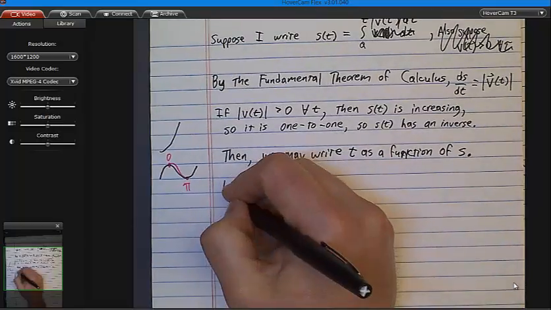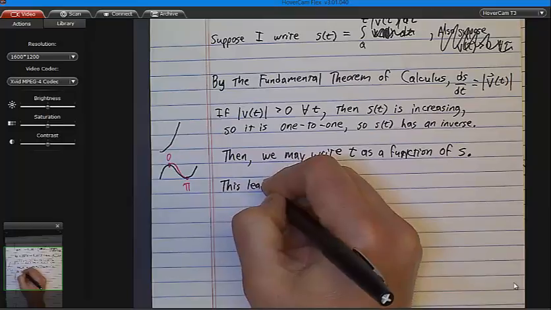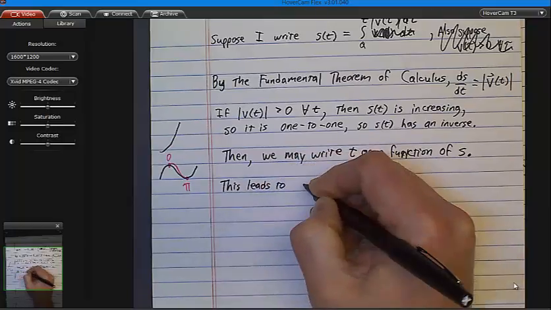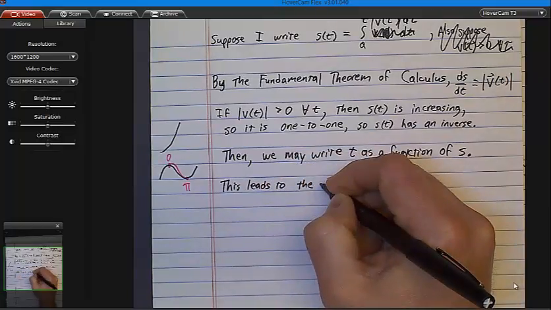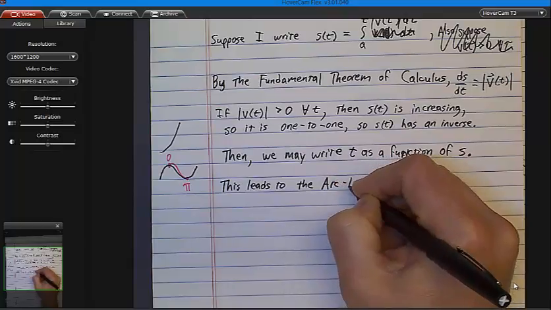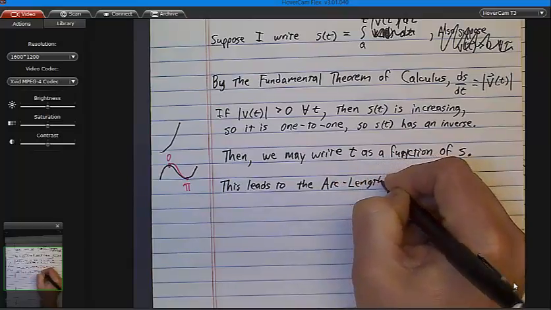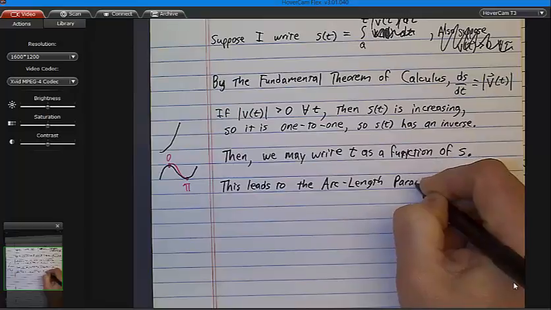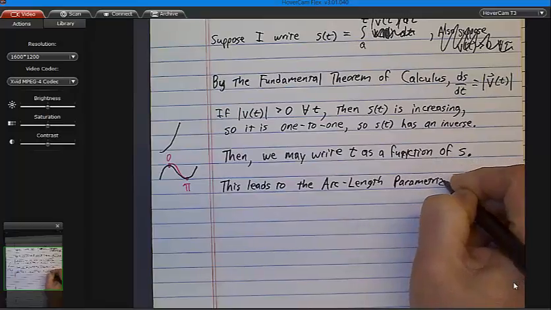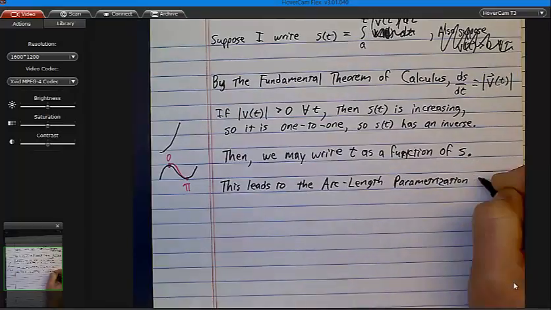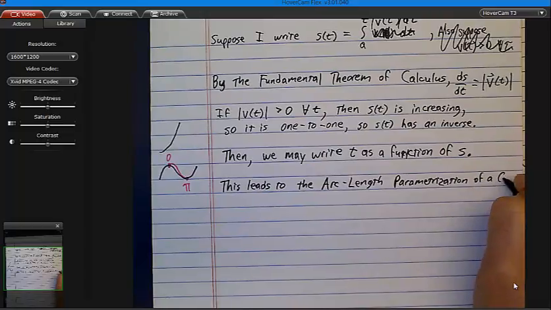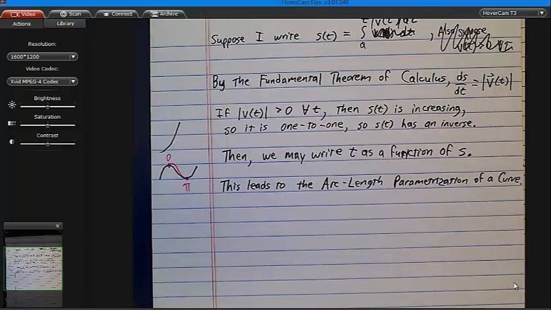And I'm just going to say that this leads to what is known as the arc length parametrization of a curve. And this is a really powerful idea.